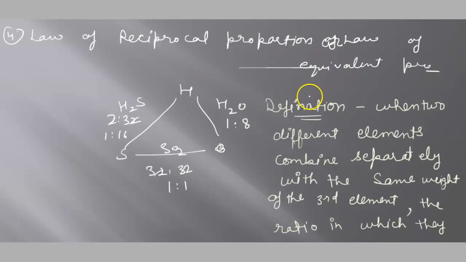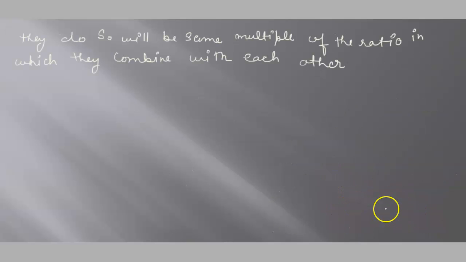Here is its definition: when two different elements combine separately with the same weight of a third element, the ratio in which they do so will be the same as, or a simple multiple of, the ratio in which they combine with each other.